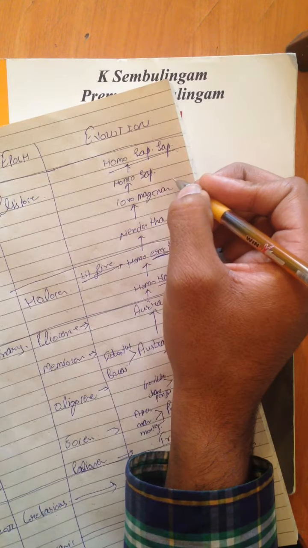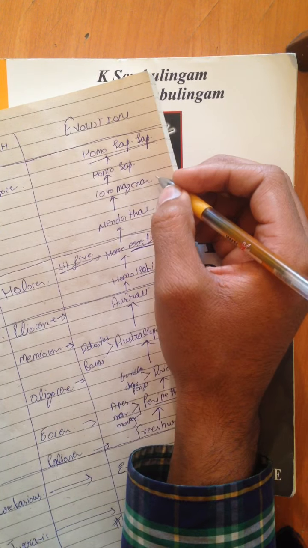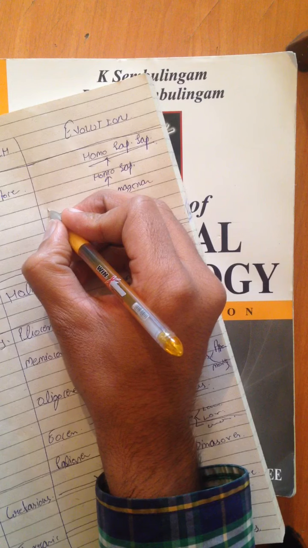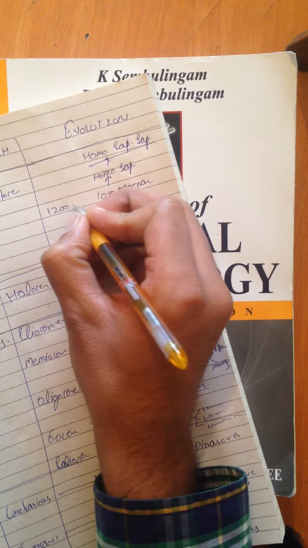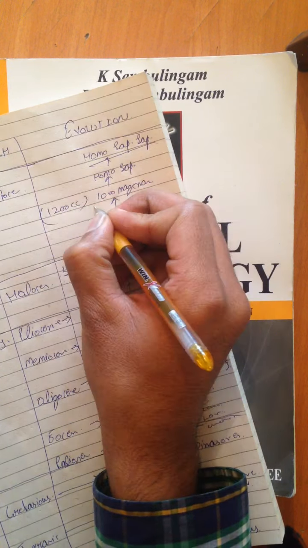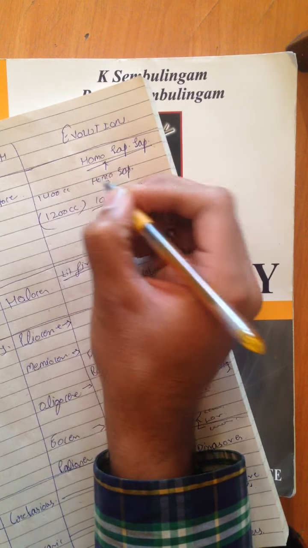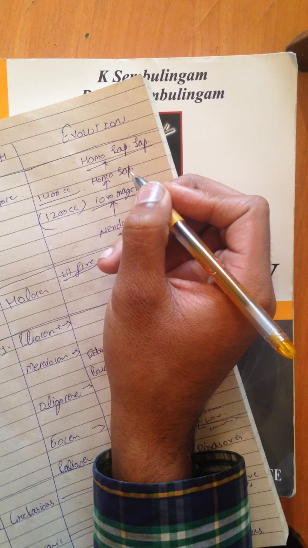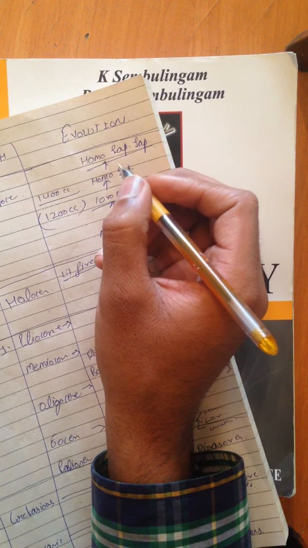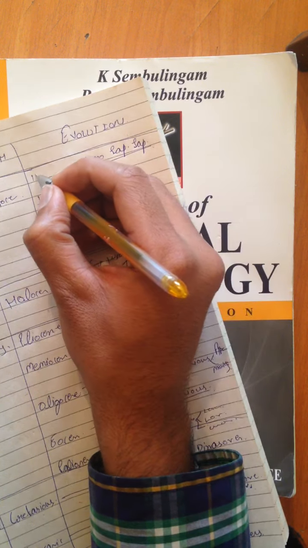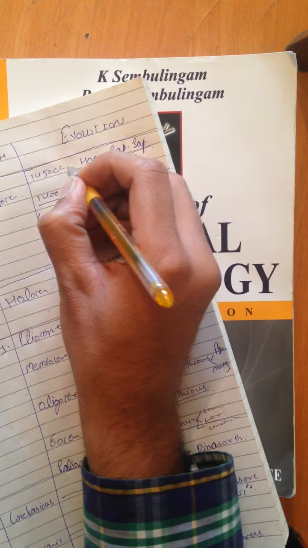Okay. The cranial capacity we are talking about is 1200 cc of Cro-Magnon, 1400 cc of Homo sapien, and we are the most important, the Homo sapien sapien, that is 1450 cc.